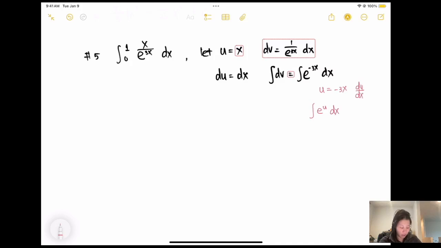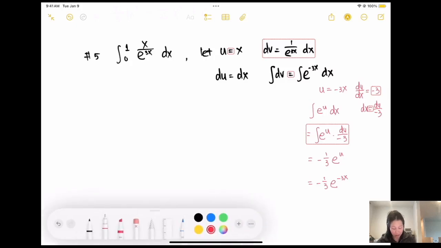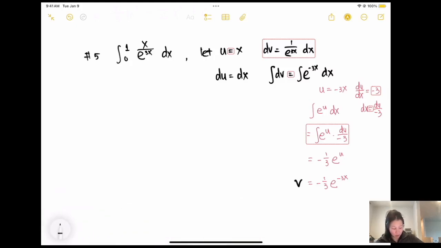So I have du/dx equal to negative 3, so that our dx is equal to du over negative 3. So we can substitute that into our dx. So here I have du over negative 3. So after simplifying, I have negative 1/3 e to the u. And then we can substitute the u back, which gives me negative 1/3 e to the negative 3x. So in fact, this is going to be our v. Then we finish finding our v.